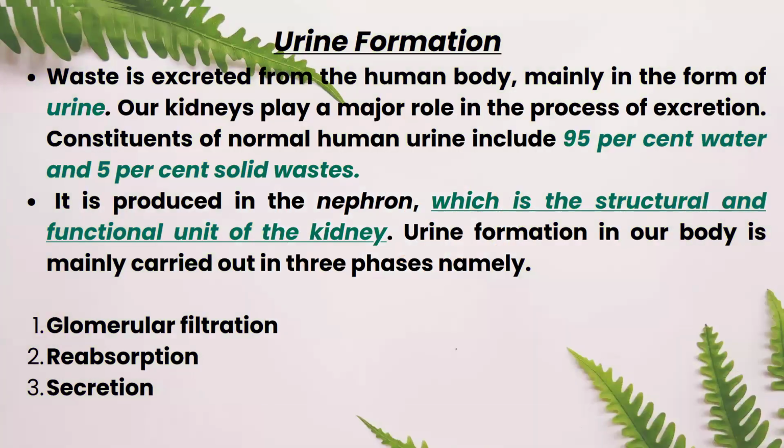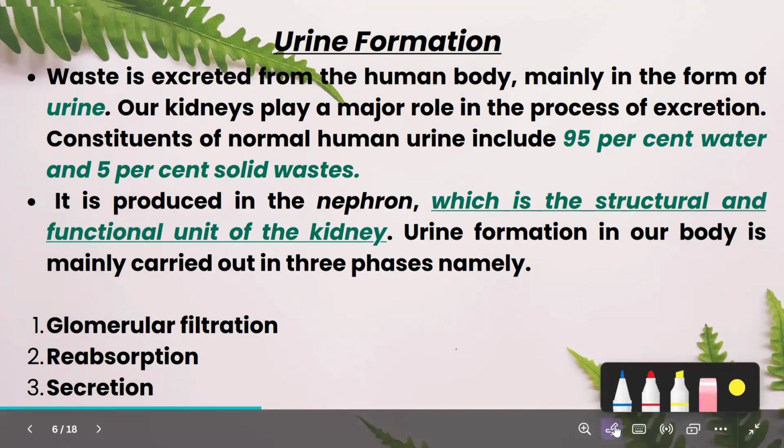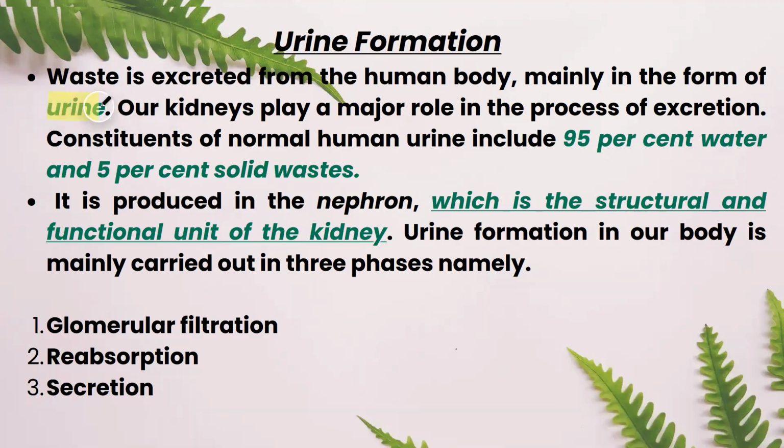So this is the 3 marks question: urine formation. As we know, waste is excreted from the human body mainly in the form of urine. What exactly is happening? First the blood enters the kidney and the filtration happens, and after filtration we get the end product, which is urine.